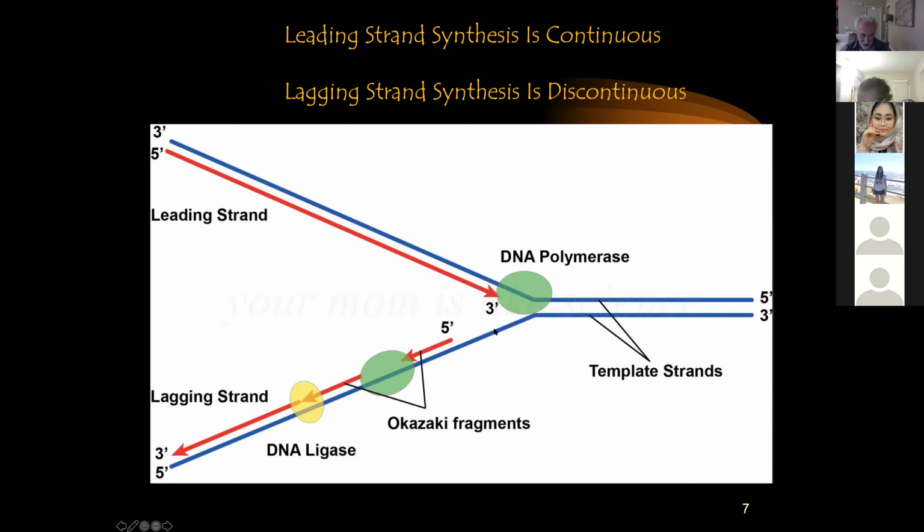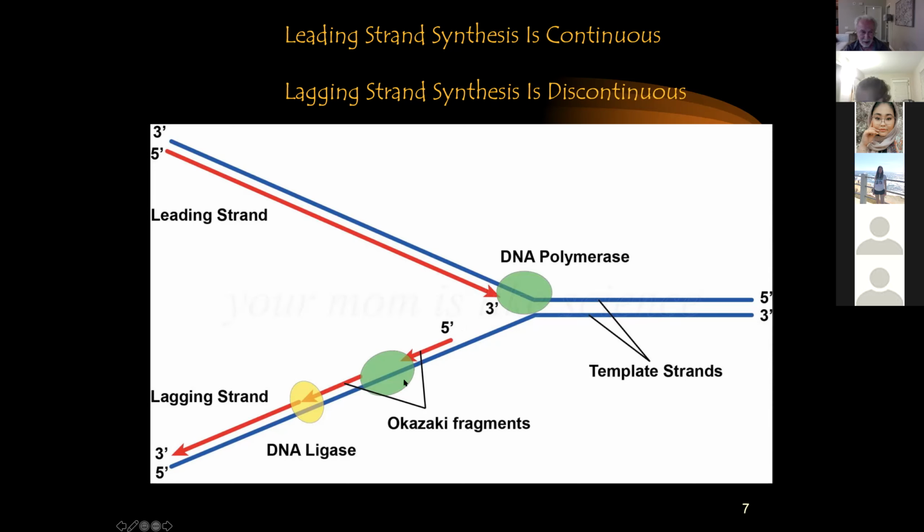In order to do that, as the DNA unwinds, a new primer will be laid down. The DNA polymerase can start with that primer, goes for a short distance, and runs into another primer and has to stop.